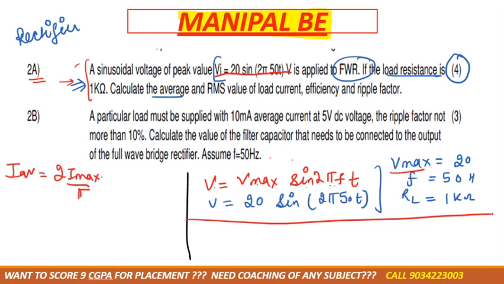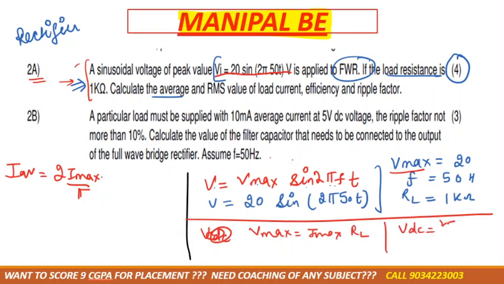As you know, according to Ohm's law, V max is equal to I max into RL, right? This is the formula. We also have another formula, VDC is equal to IDC into RL.